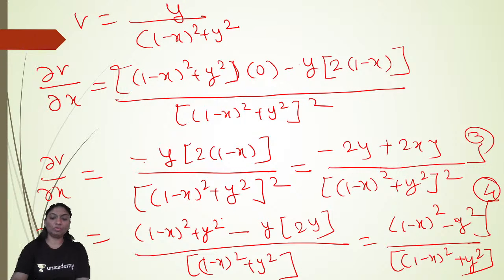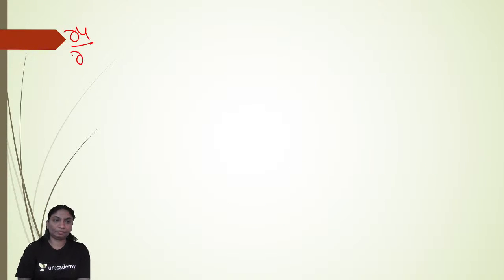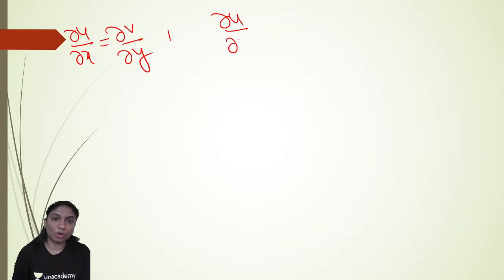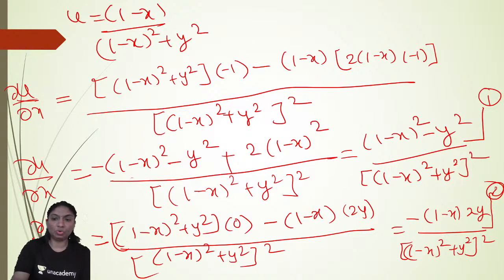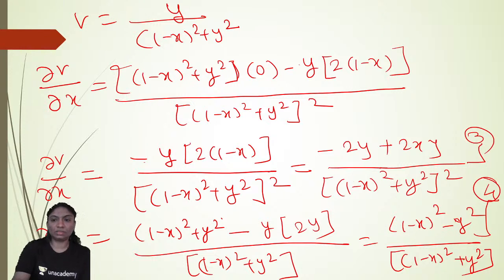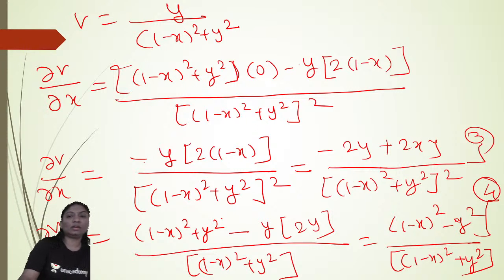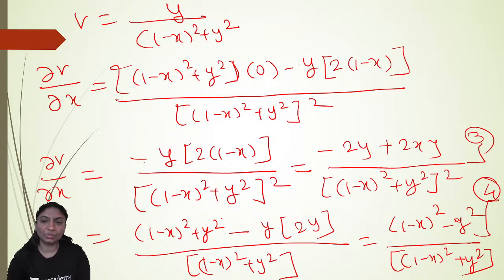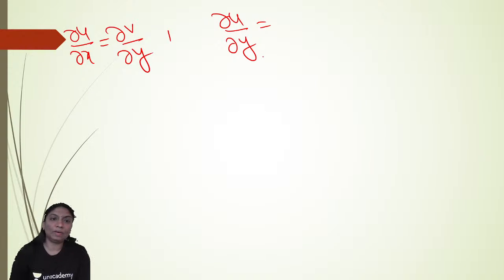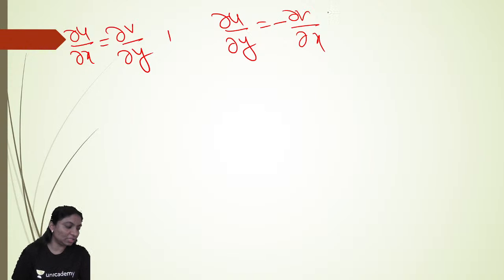It means ∂u/∂x is equal to ∂v/∂y, and for ∂u/∂y, if you see equations 2 and 3, you will get 2(xy − y) minus 1 into (2x·2y) into 2xy. So obviously equations 2 and 3 are the same. So you will get ∂u/∂y is equal to −∂v/∂x. Therefore it satisfies the CR equations. The CR equations are satisfied.